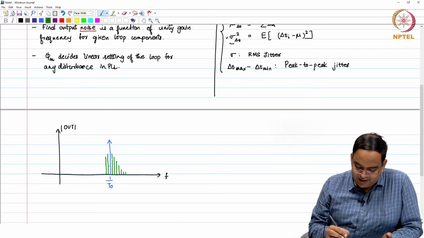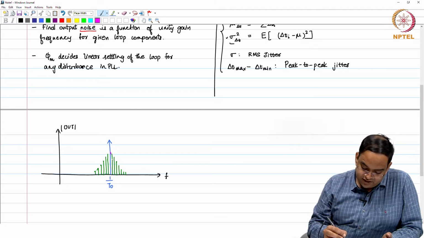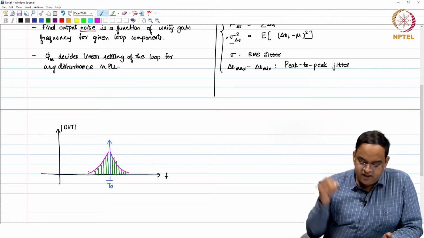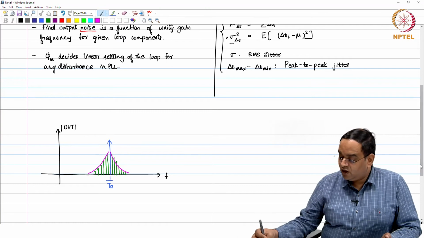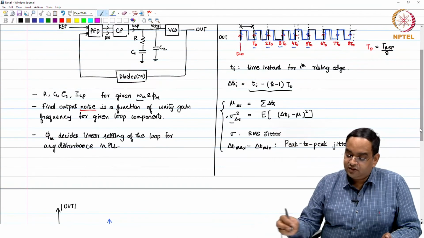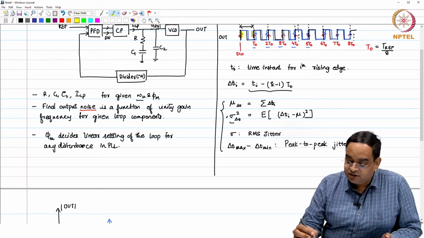Well, it is not like discrete tones, you have components at all the frequencies in general. Effectively, this is the characteristic for a noisy clock, and it comes from the disturbances which we have just talked about.